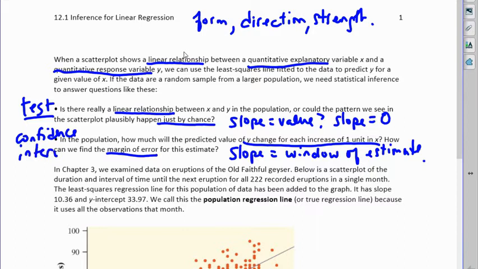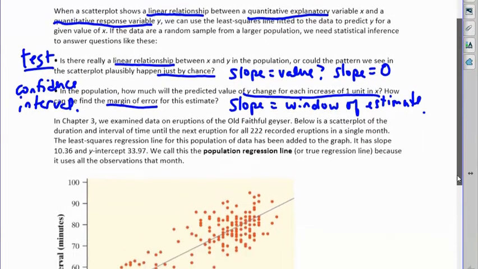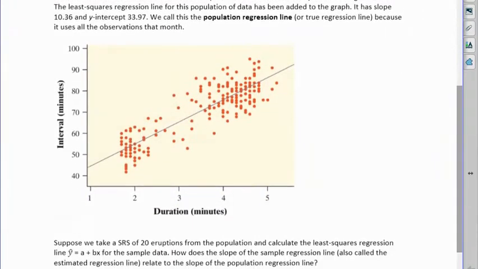And so we're going to do both of those things for the slope. That's inference on the linear regression line, deciding if that slope is the result of chance variation or the result of something else.